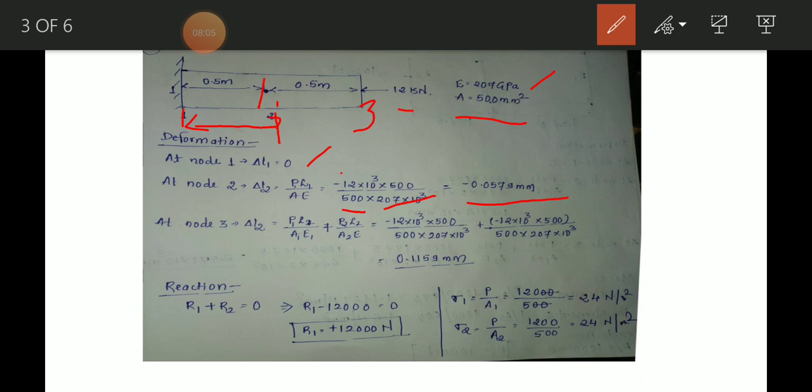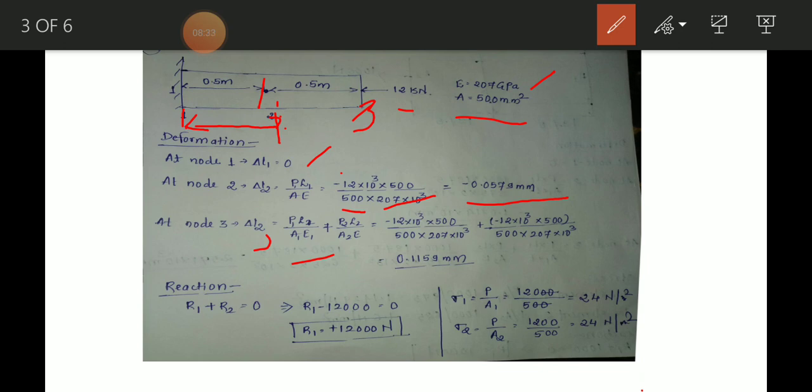Now similarly go for node 3. This is node 3, correct? So deformation at node 3 is delta 3. How to calculate now? P1 L1 divided by A1 E1 is the deformation from 1 to 2, plus the deformation from 2 to 3. This is the deformation of this entire bar.